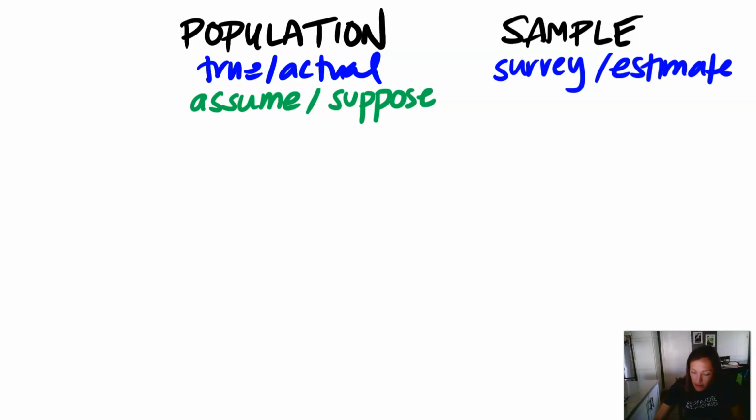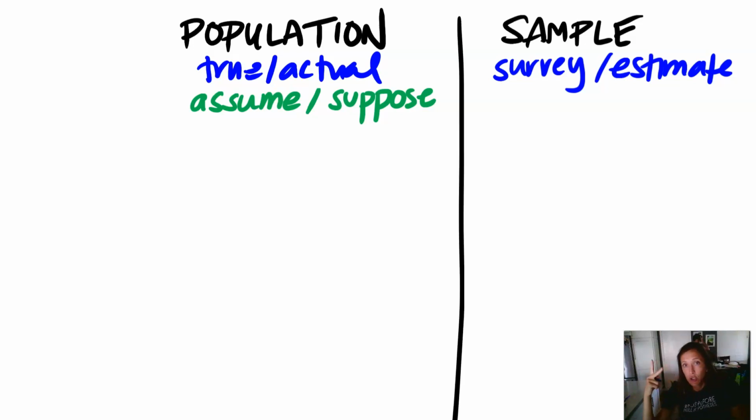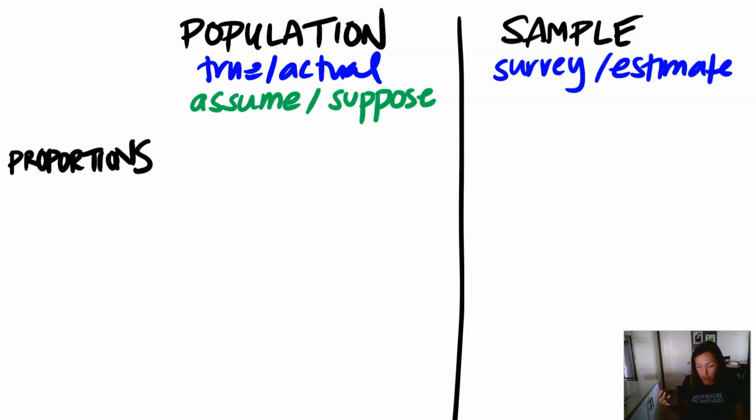So once we've made our decision whether we're in a population or a sample, there are a number of different things we're going to be dealing with. But for part 6, we're in this land of proportions. Proportions are also probabilities, technically. They're also percents, but we're going to use the word proportion.